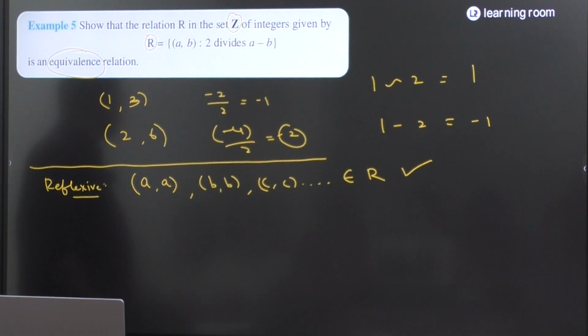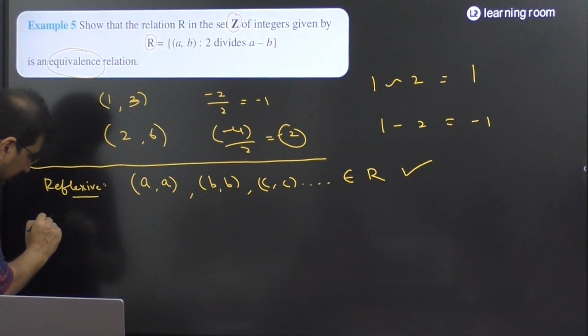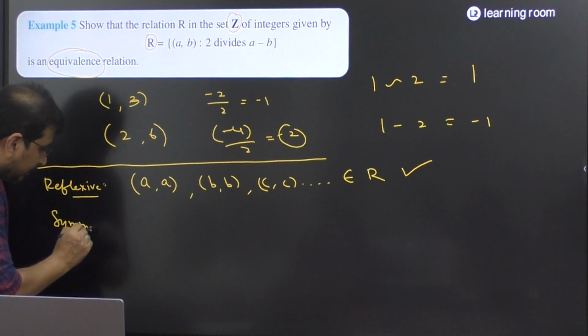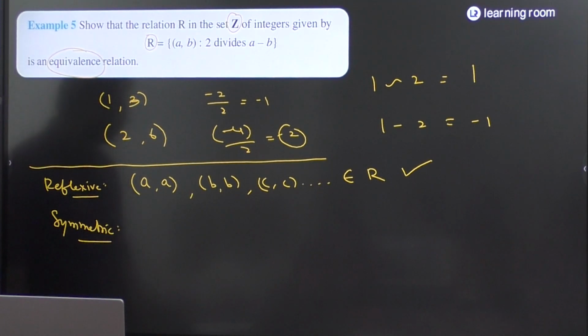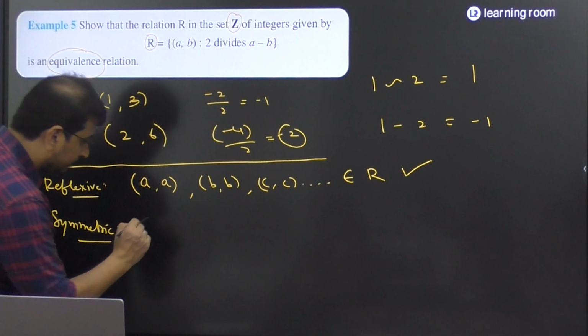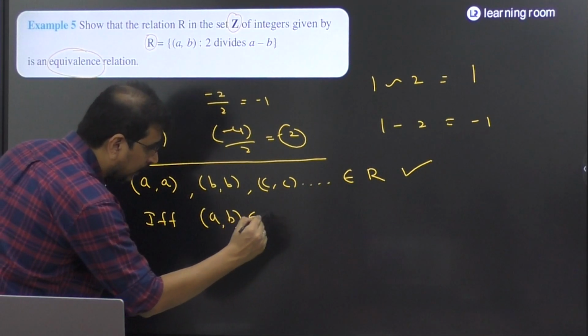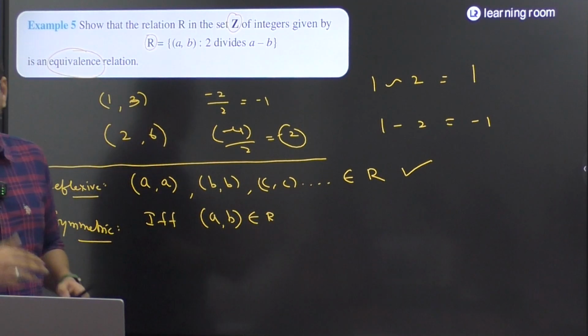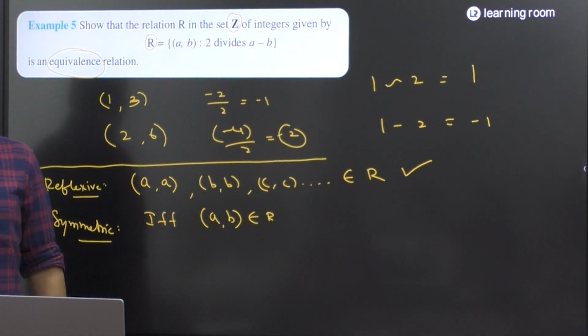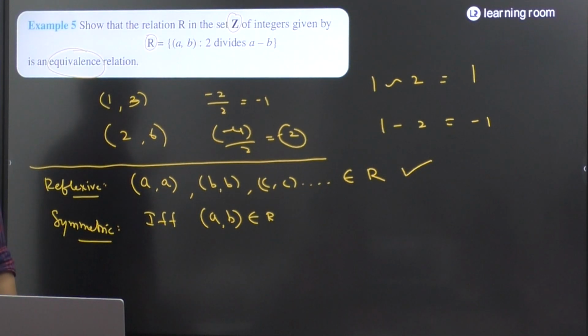First checklist is clear. Similarly, had it been symmetric. First, I need to assume that (a, b) belongs to R. What am I trying to tell people? I've taken a and b as those numbers which satisfy this relation. Will I be able to find the reverse of it?